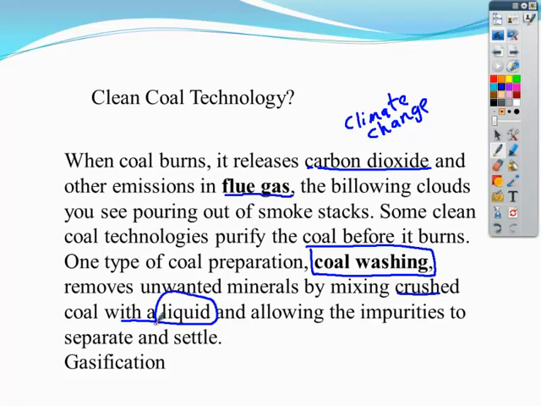Okay, and then it gets sent in to be burned. And we give that the name of coal washing. Or another type of clean coal technology is coal gasification, where you pulverize the coal, heat it up, turn it into a gas, and then burn the gas, which is much cleaner burning.